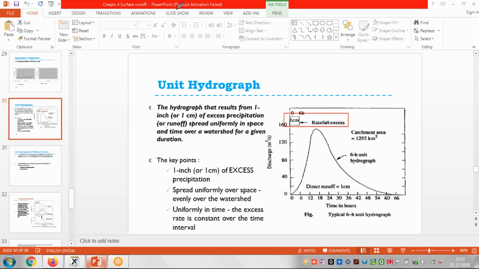Now, suppose this reading is noted down after 2 hours, and the rainfall occurred is only 1 centimeter, then we will say that is a 2 hour unit hydrograph, right? If this reading is noted down every 3 hours, 3, then 6, then 9, then 12, likewise, then we will say that this is a 3 hour unit hydrograph. Is this okay?